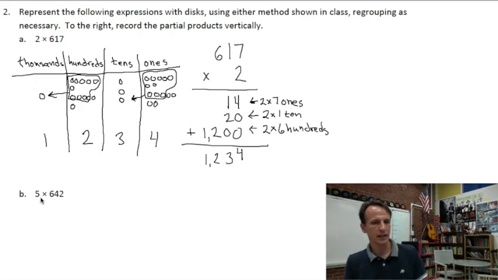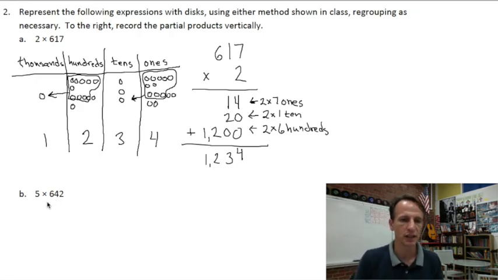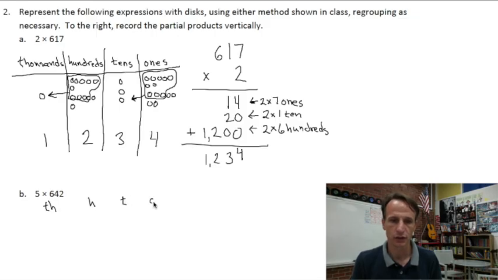Let's do it here. And again, I could see I'm going to need a thousands place. I'm going to allow us the liberty of using the abbreviations I use anyway, which is TH for thousands, H for hundreds, T's for tens, and O for ones. Because I think by this time you know how to write and spell those.